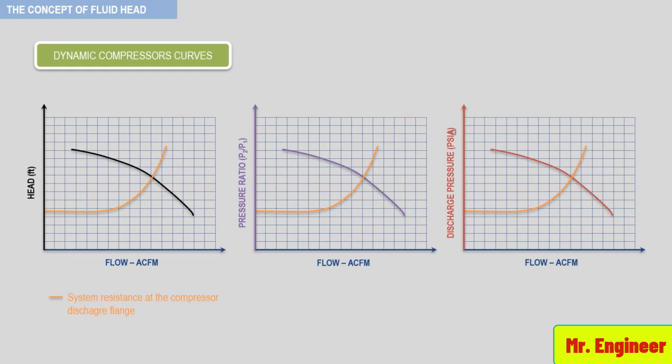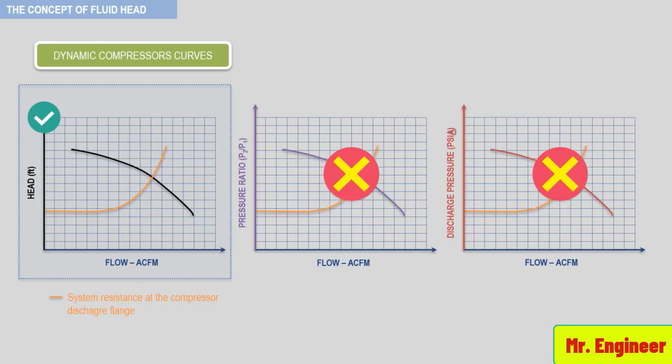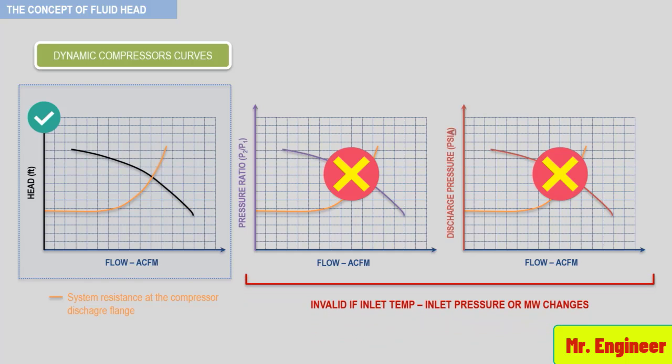In the industry, head versus flow is always preferred because the head produced by a dynamic compressor is not significantly affected by gas density. However, compression ratio or discharge pressure are. That is, compression ratio and discharge pressure curves are invalid if the inlet gas temperature, inlet pressure or molecular weight changes.